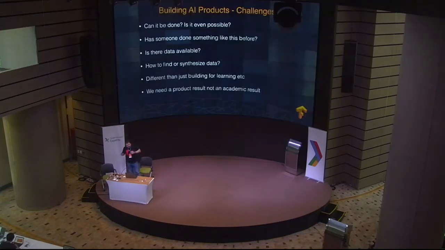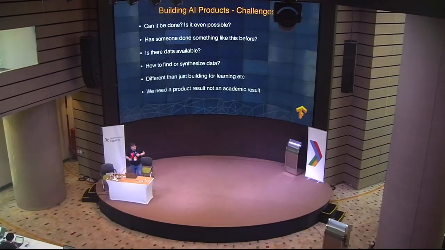So, what are some of the challenges that you face when doing this? One of the biggest things is deciding what's possible and what's not possible. A lot of times we get people coming to us and saying, okay, can you build a deep learning model that just looks at what I want and works out straight away what I want, right? A lot of people, especially product managers, have no clue about what this technology can do and what it can't do.